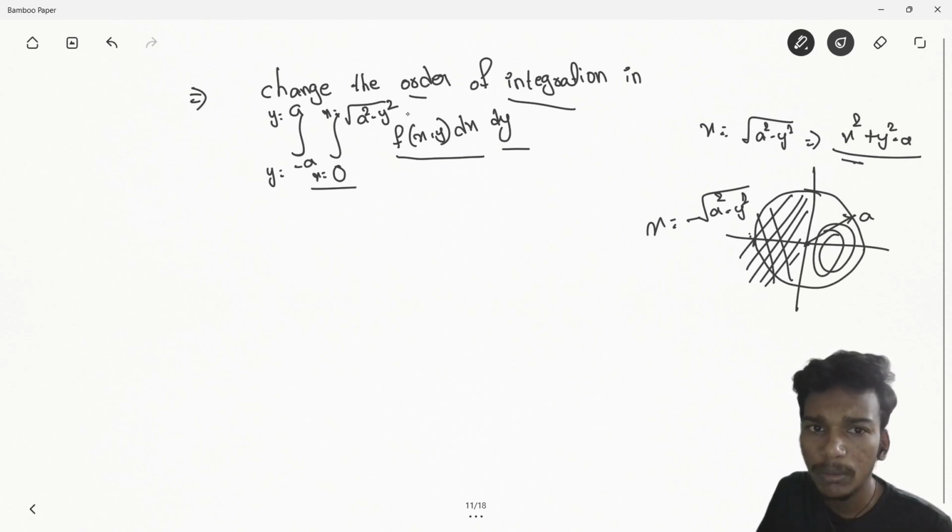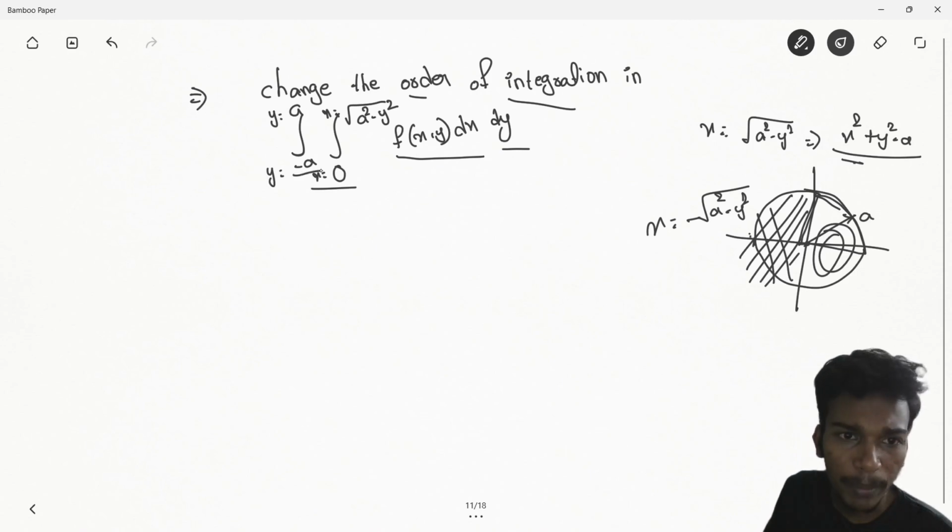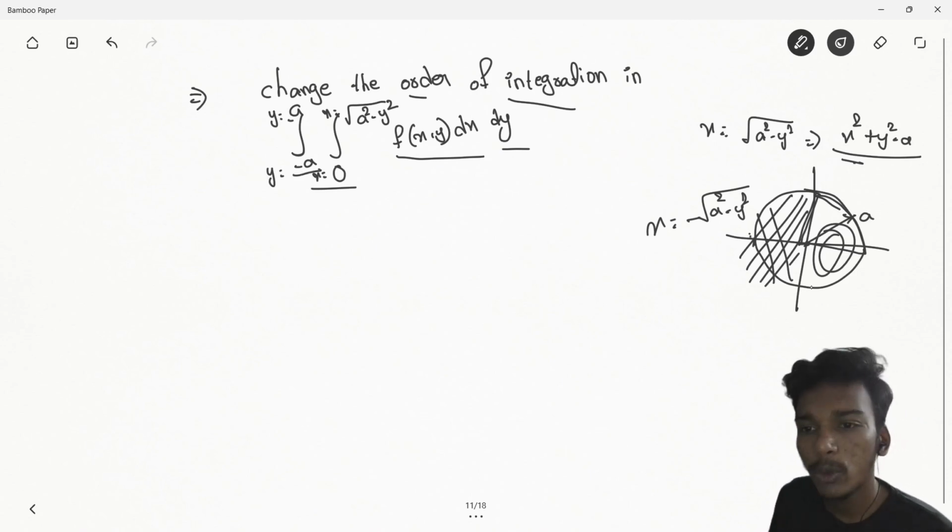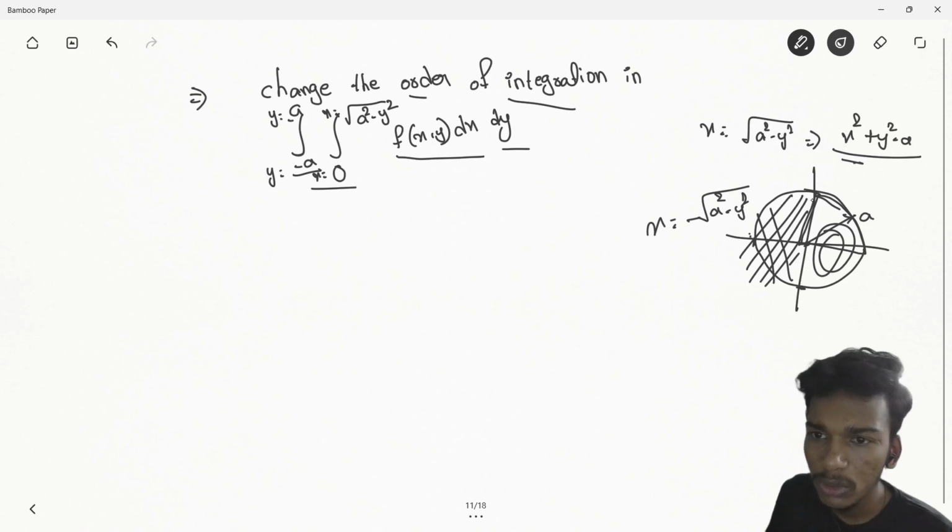Because in the limits it said that x equal to under root of a square minus y square, the positive value, we are going to consider only this value. Like that, if y limits are from 0 to a, then we are going to consider only this quadrant region. But in the limits it was mentioned from minus a to plus a. So we are going to integrate this function from minus a to plus a.